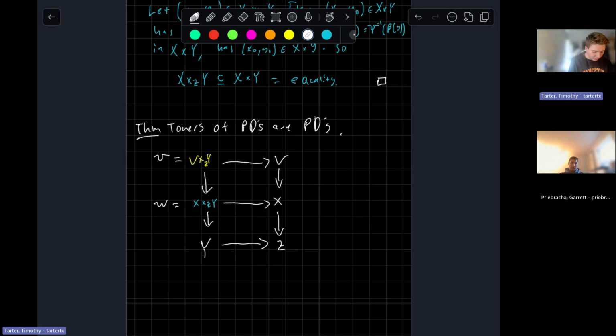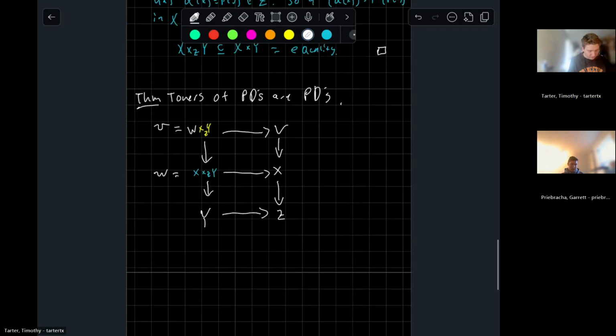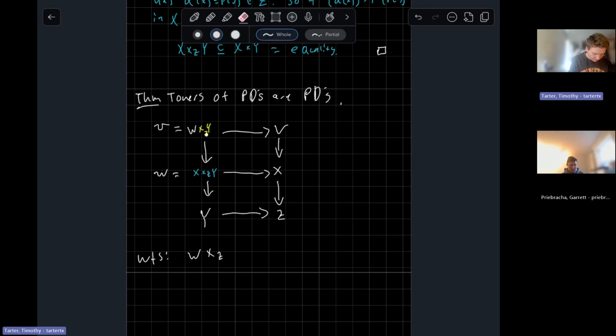No, we want to show that this is the pullback of V. This is the pullback of W. And then we want to show that the pullback of W, and it's not through Z, it's through X, the pullback through X with V. Wow, I wrote even that wrong.